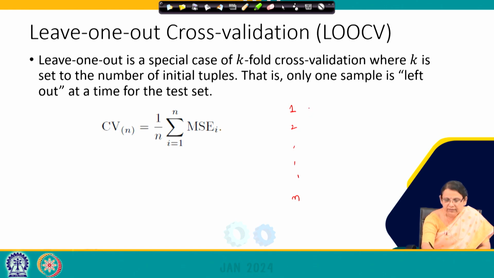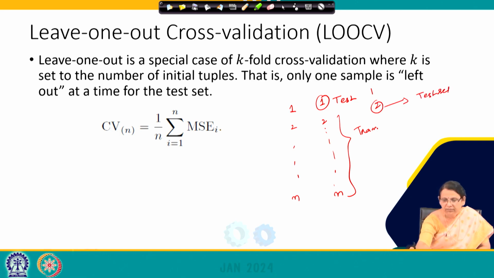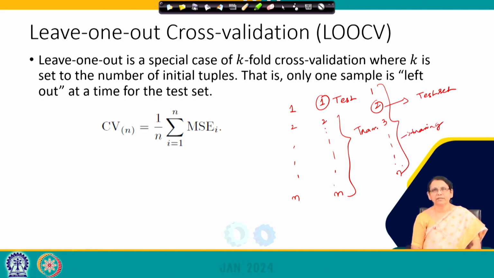The first time you will be keeping n as your test, and 2 to n-1 will be your train set. The second time keep 1, make 2 your test set, you test with respect to 2 only, and 1, 3 up to n, leaving 2 out, make your training set.